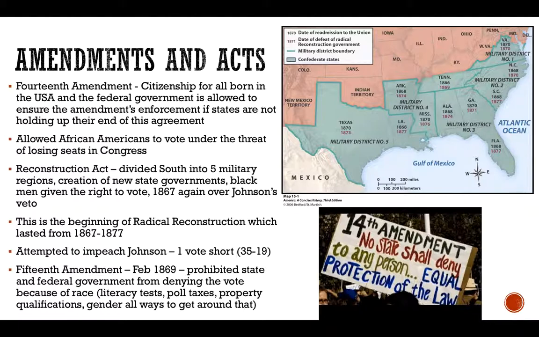So if you couldn't deny somebody coming in based on their race, you could deny somebody based on them not being able to read something out loud to you, or not being able to pay to enter the polls, or because they didn't own land, or because they were a woman. And these were all ways that people set up to deny the vote to women and black men.